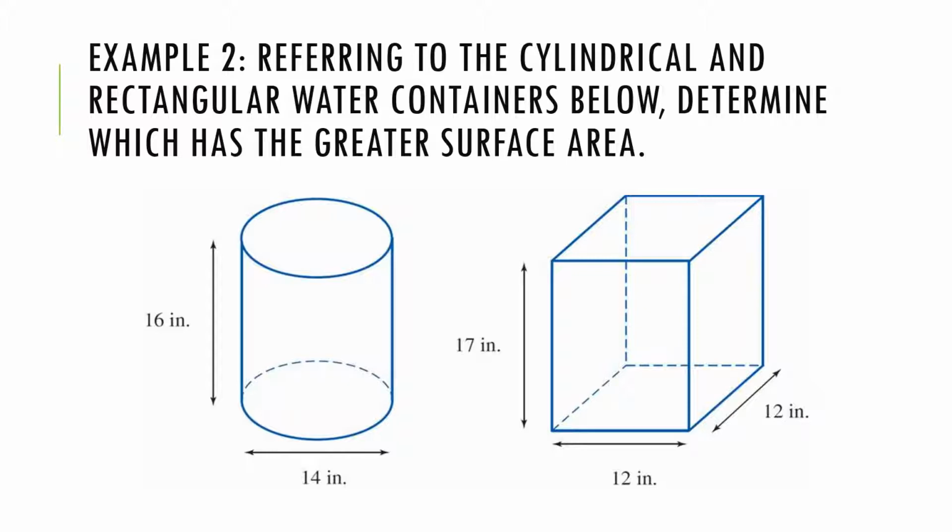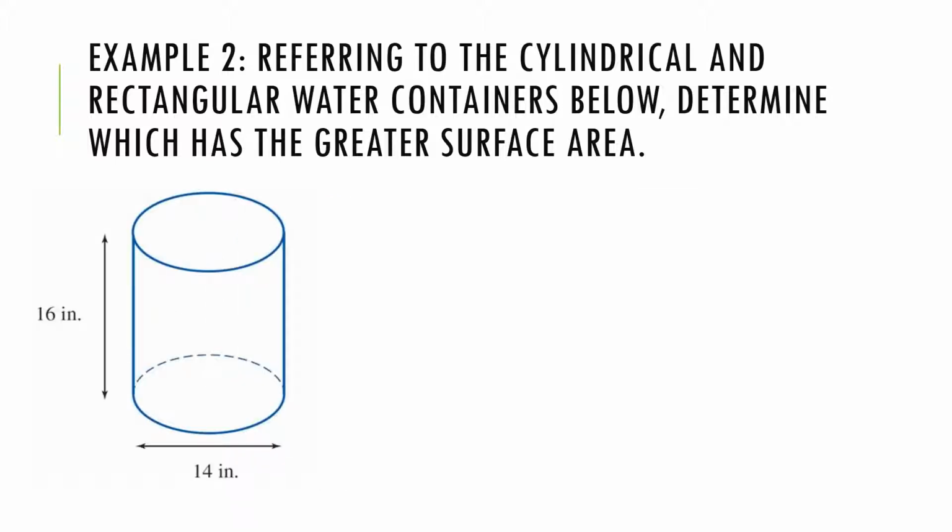So here are the same two shapes from example 1, and it says, referring to the cylindrical and rectangular water containers below, determine which has the greater surface area. Alright, so we already know that the cylinder had the greater volume, so let's see which one has the greater surface area. We're going to start with the cylinder. Now this is the one that has the special formula, so I've pulled up the formula there. So we have area equals 2 pi r h plus 2 pi r squared. The diameter of the circle at the bottom of this shape is 14 inches.